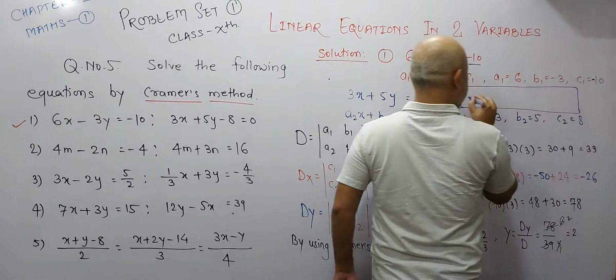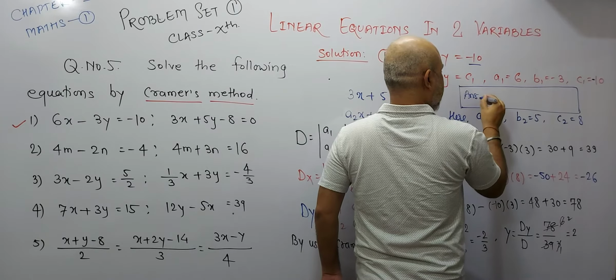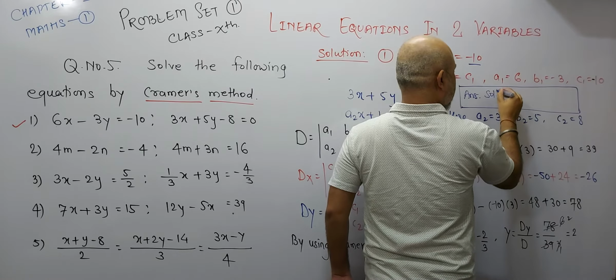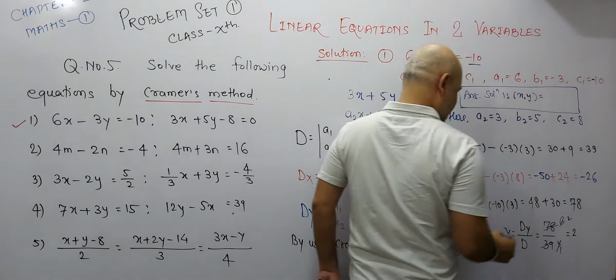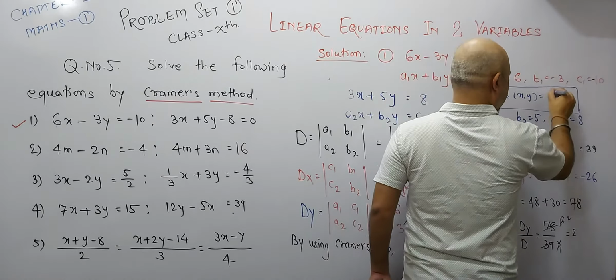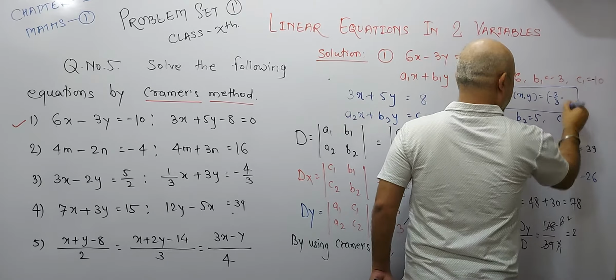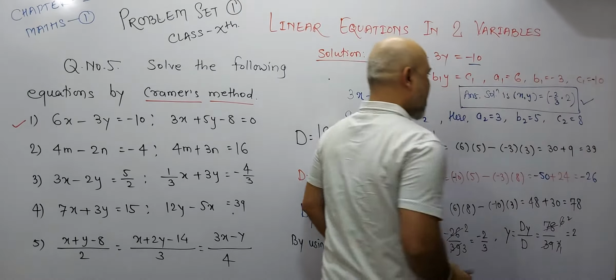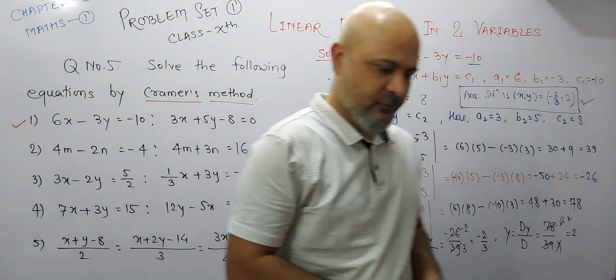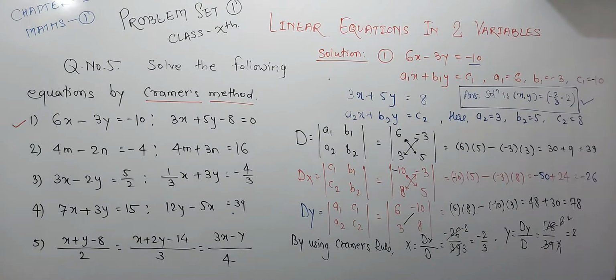You will write that the solution is x comma y, where x is minus 2 by 3 and y is 2. Okay, students. So this is the answer of your first question of question number 5.